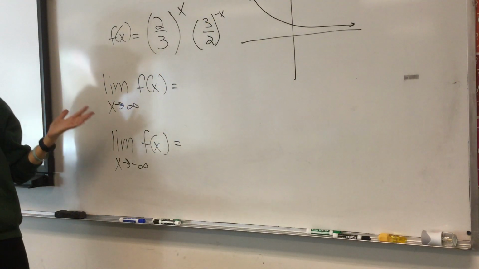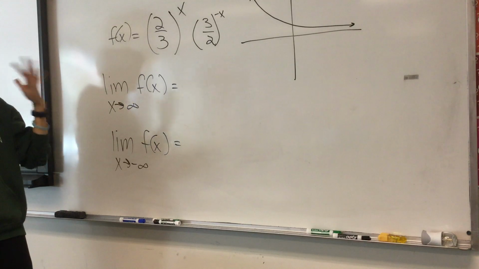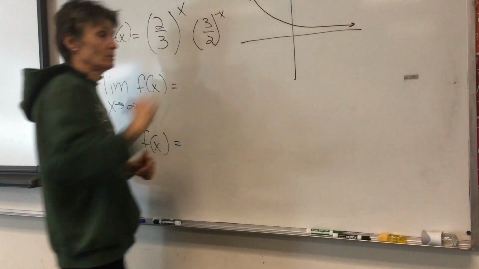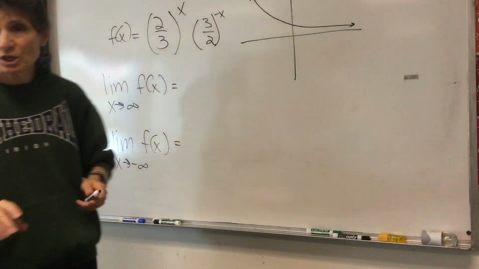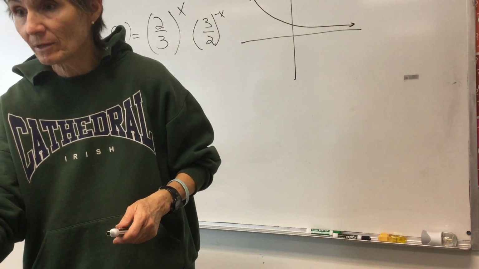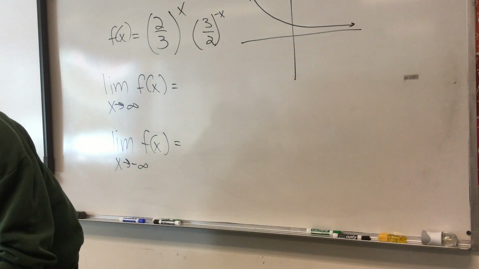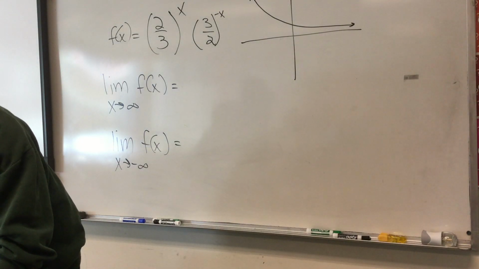Again, it doesn't matter how you think about it. Process it the way it makes sense to you so that you know this is what it looks like. You have to have that visual in your head or written down.